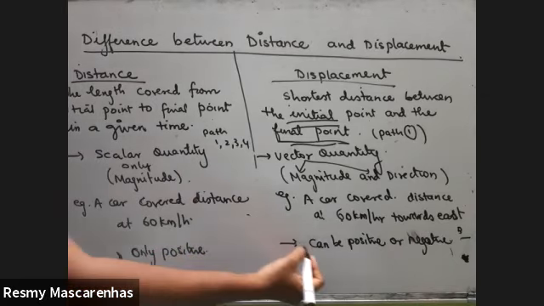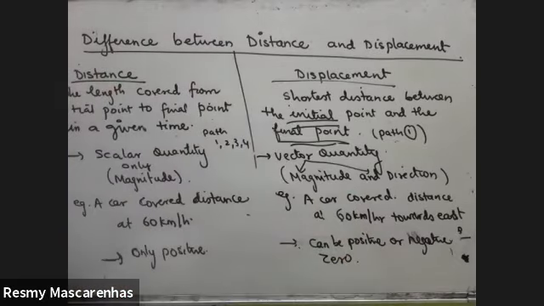Displacement can be 0 also, just now what we checked. It could be positive, it could be negative. Once we start solving the problems, we'll understand. Some places we will get displacement as positive, somewhere negative, but distance is always positive because you're measuring the length. Here you're measuring the difference between the first and the last point. Okay, so this is the difference which you should be knowing.